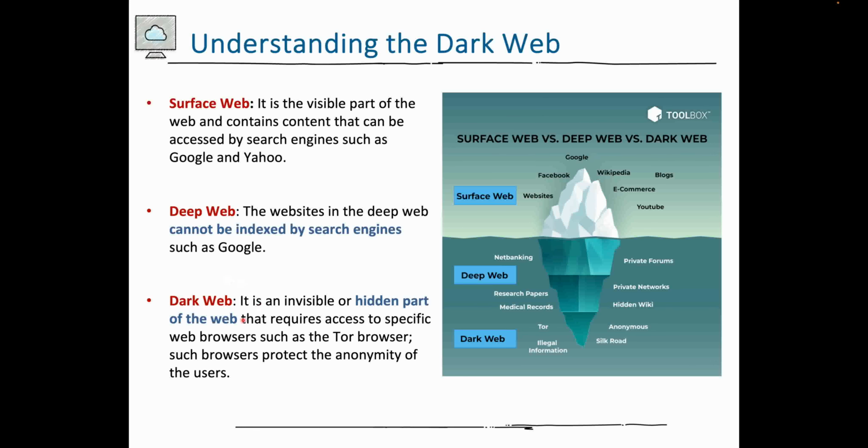Now the dark web. This is the invisible or hidden part of the web that requires access to specific web browsers, like the Tor browser, because this type of browser protects your privacy and anonymity as a user.